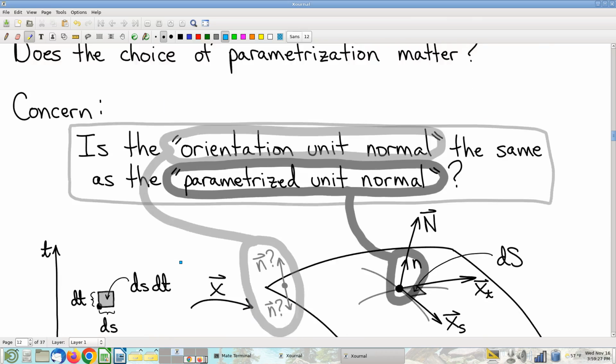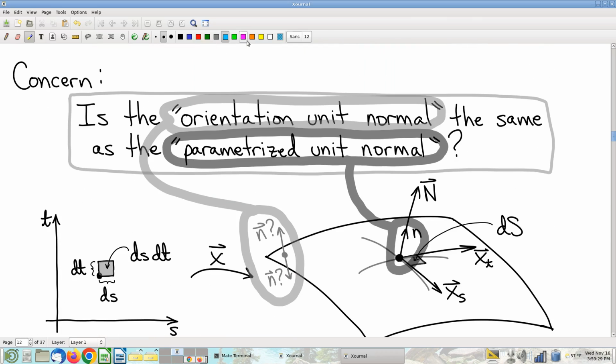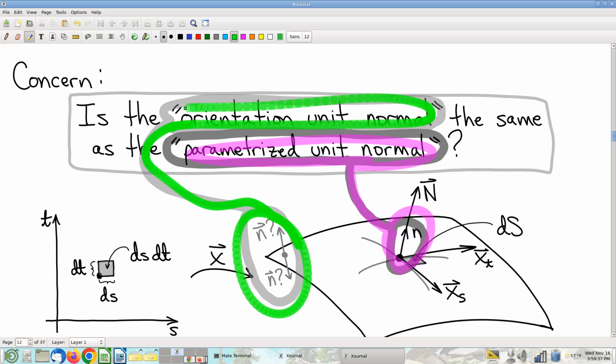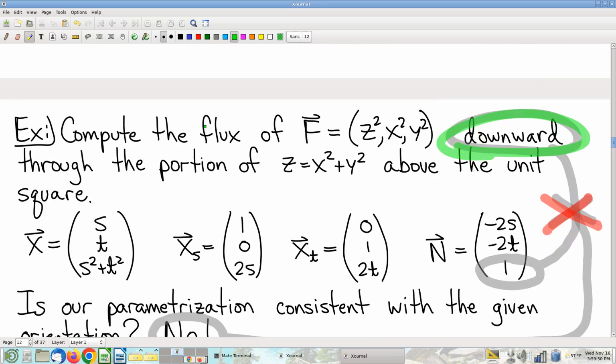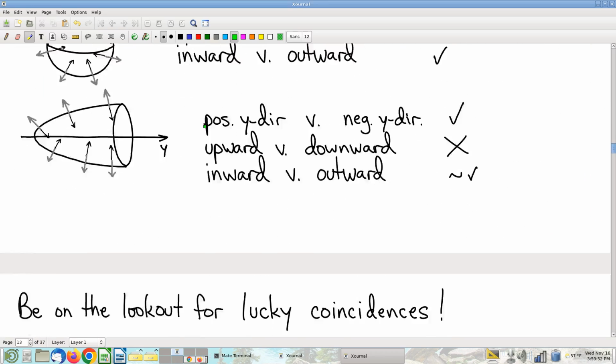The only additional point is you have to think about whether your parametrized orientation is right or wrong, depending on what the given surface orientation was. You just have to look and see, and if it's right, yay, and if it's not right, toss in a minus sign. Okay. All right. And off we go.